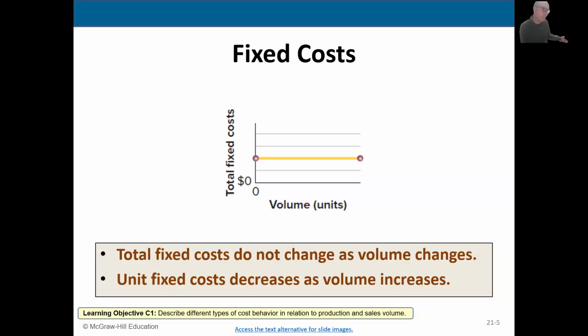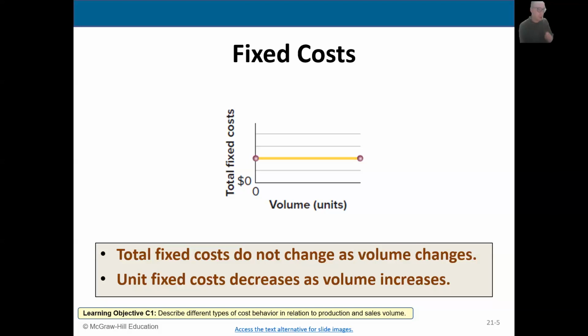Still got to pay the rent. Doesn't matter if I made 0 units or 10,000 units. Still got to pay the rent. And the rent amount doesn't change every month. It stays the same. We call that a fixed cost. If it doesn't change and it stays the same regardless of the level of output, we call it a fixed cost.